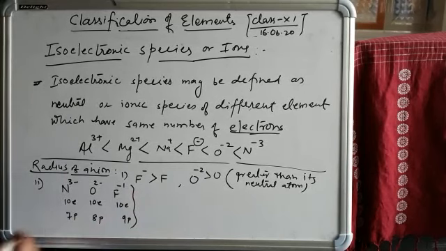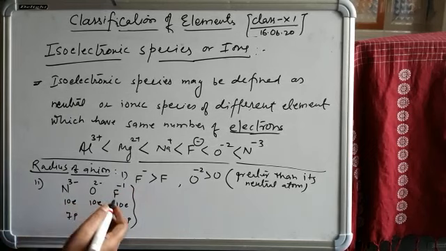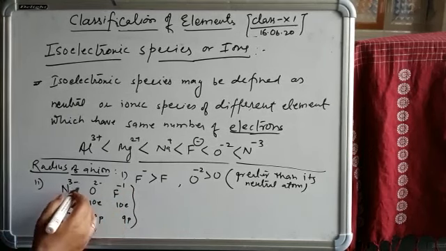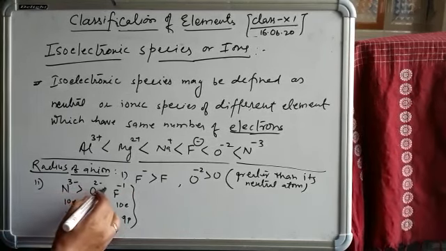So when different atoms have the same number of electrons, the size of this is bigger than this and this.